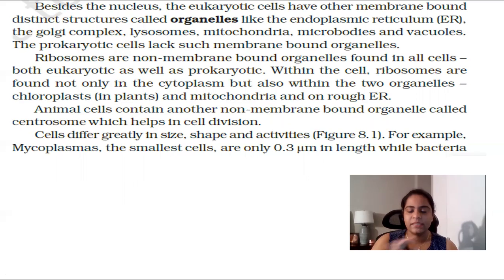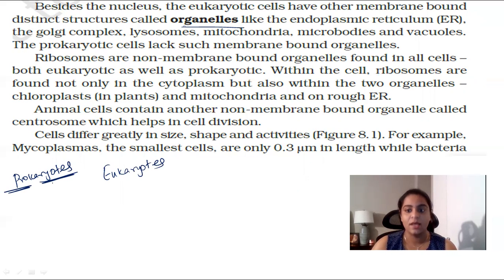Okay. So basically, in this cell, before you start reading this, there are different kinds of organelles, right? What is the difference between eukaryotes and prokaryotes? Pro means primitive, and karyon means nucleus. So prokaryotes means primitive nucleus, okay?